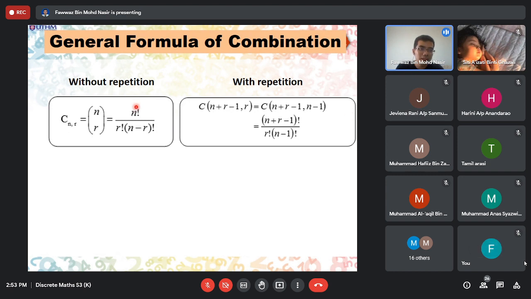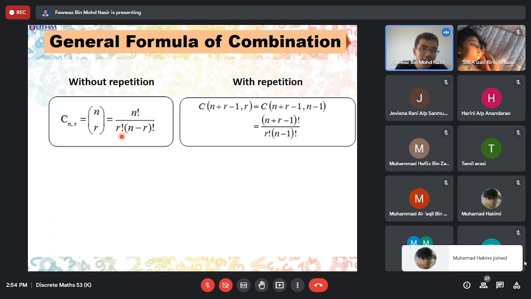Okay, so untuk combination, kita punya formula dia is n factorial divided by r factorial times n minus r factorial. Cuma untuk combination ni beza dia for without repetition, beza dengan permutation tadi ialah dekat bawah ni dia times by r factorial. Beza dia dekat part r factorial ni saja. Sebab kalau korang ingat tadi untuk permutation without repetition, formula dia is n factorial divided by n minus r factorial.